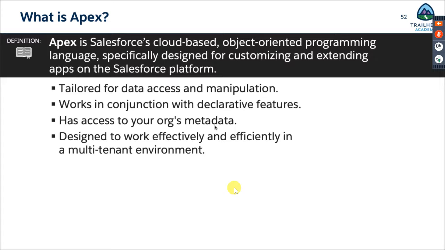If you create a record and your custom validation fails, the record will be prevented from saving. If you have some workflows or processes, those will run whenever you insert the record. So it works in conjunction with declarative features. And last but not least, very important, it is designed to work effectively and efficiently in a multi-tenant environment.